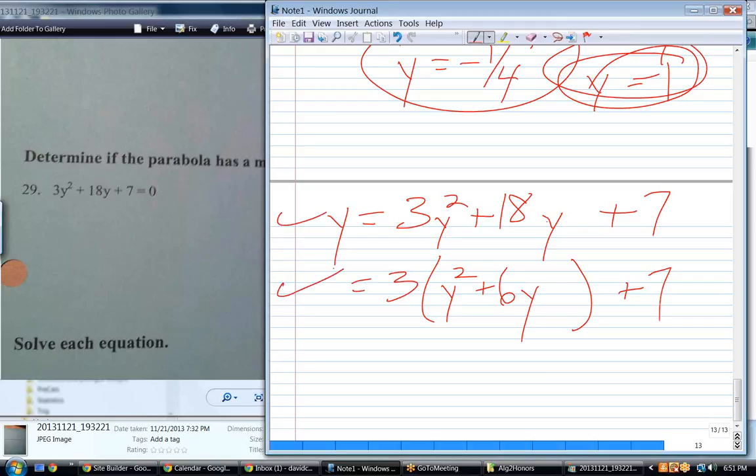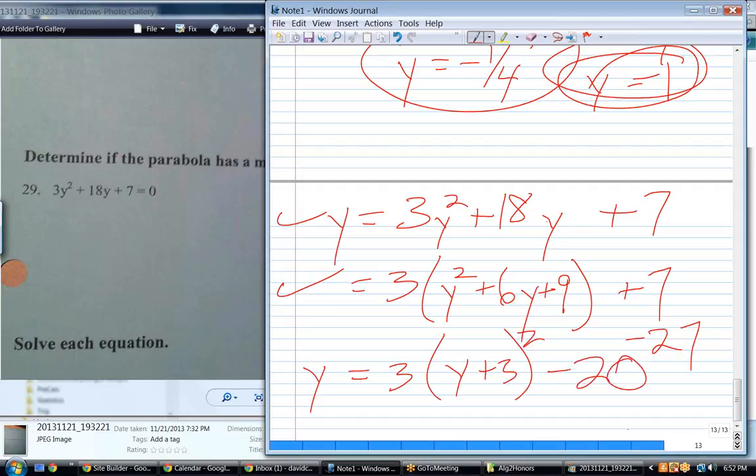So far I've done nothing to it, just rearranged it. So we're going to add a 9 here. What do I have to do to balance it? Subtract 27, right? And so now I can write it as 3 times y plus 3 squared minus 20. What's the minimum value in this function? Negative 20. Right.